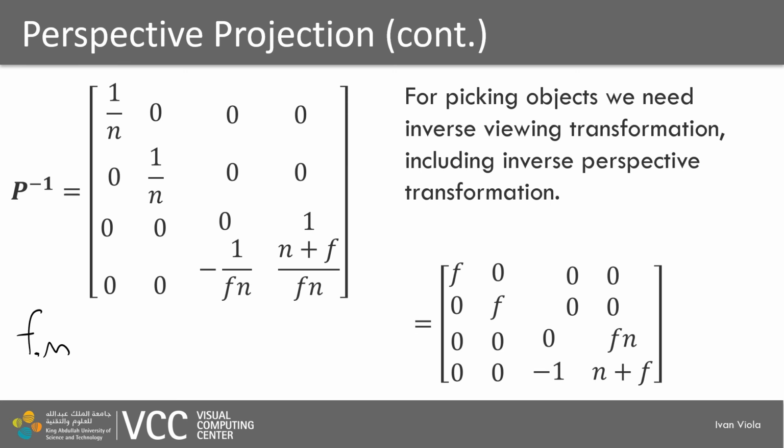Therefore, I would need to perform the inverse transformation of the entire viewing transformation, and in case of perspective projection, I would need such a perspective projection matrix P inverse, and instead of the more complex one, I could use a simpler one instead.